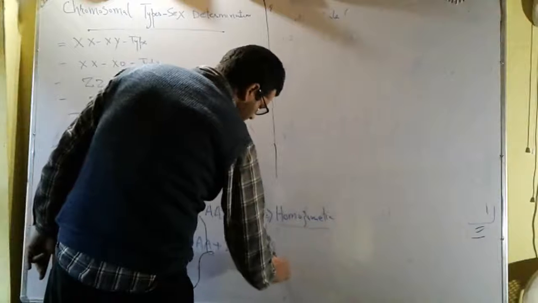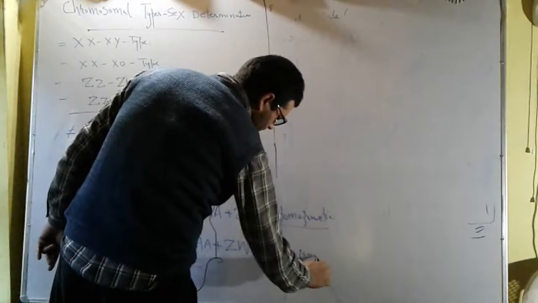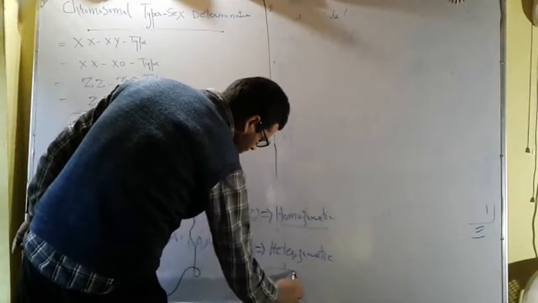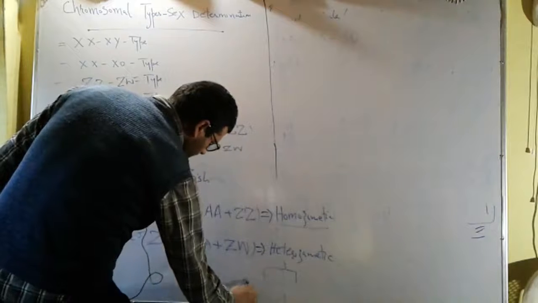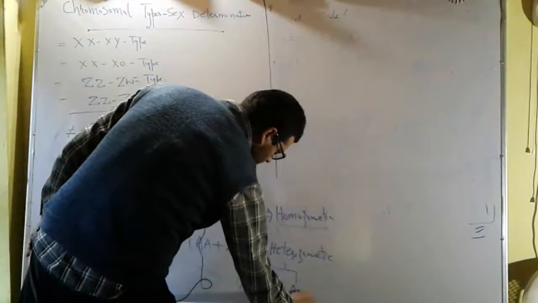So we have this heterogametic condition in case of females, as they will produce A plus Z gametes and A plus W gametes.